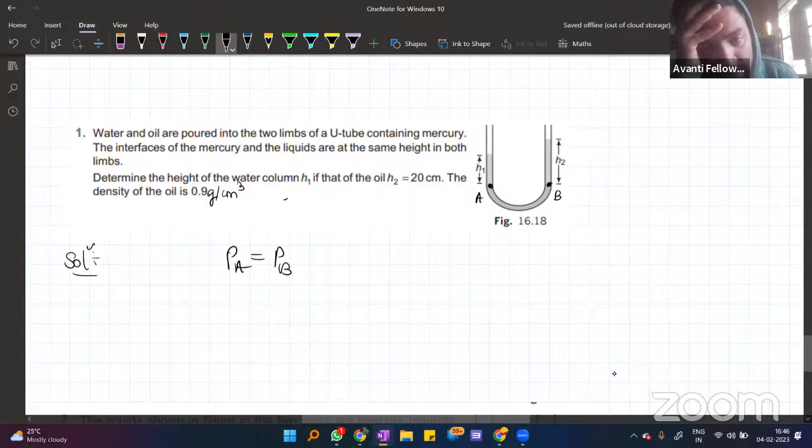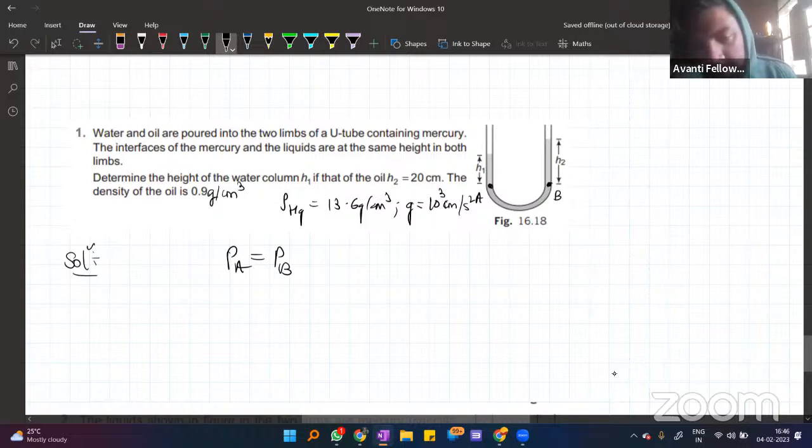What you can do is rho of mercury, we know 13.6 gram per centimeter cube. And the value of G will be equal to 10 to the power 3 centimeter per second square. Just remember this. Using CGS system, we are going to solve this question.